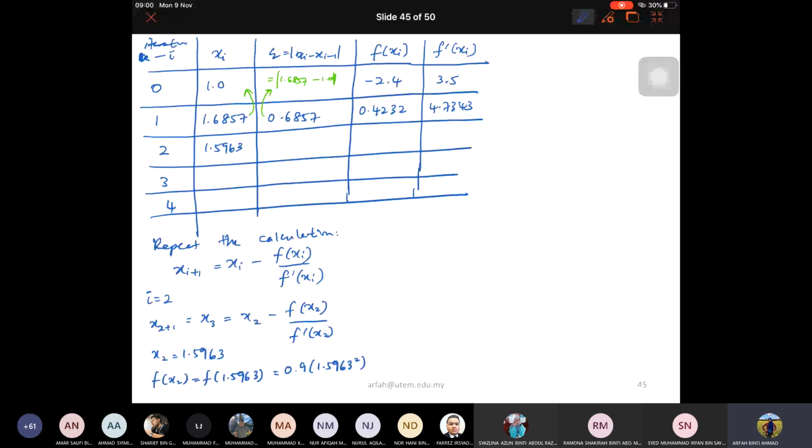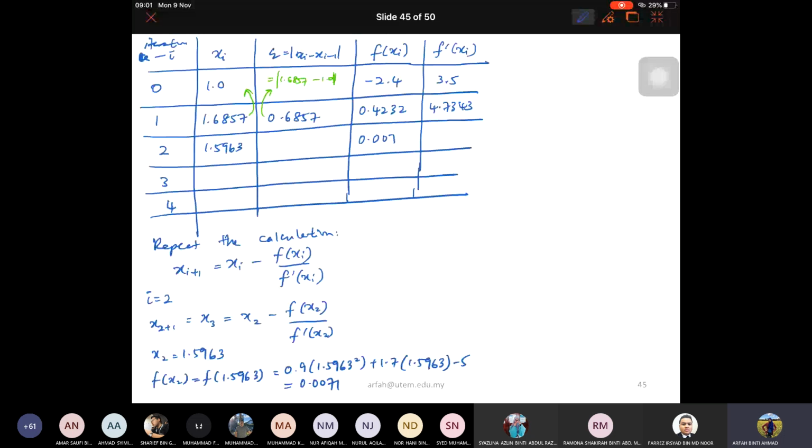So dapat this one sama dengan berapa? 0.0071. 0.0071. Okay, betul. Jawapan, thank you. Siapa yang jawab tadi? Ada juga akhirnya orang lelaki jawab betul. Okay. So this one is 0.0071.